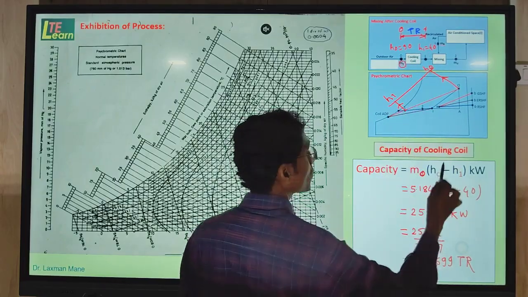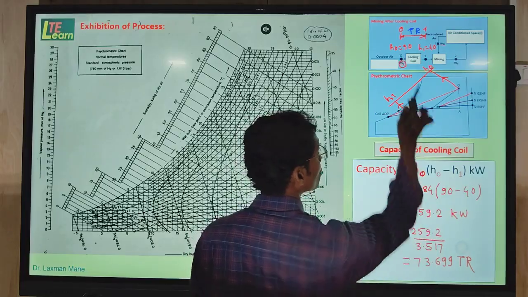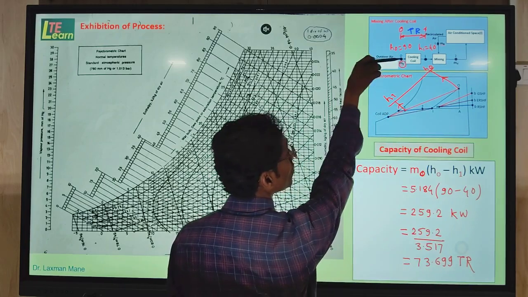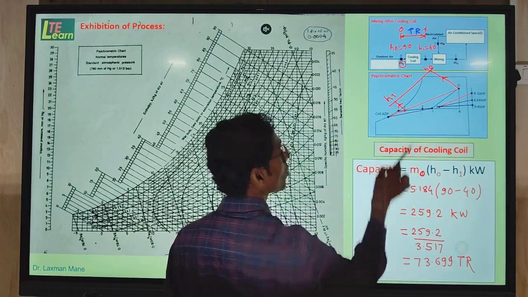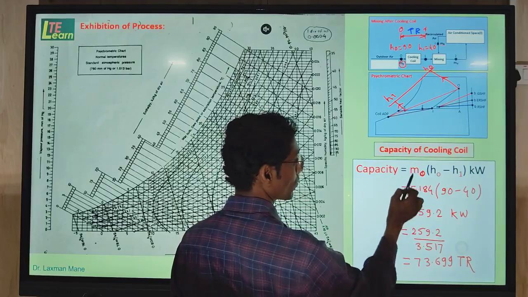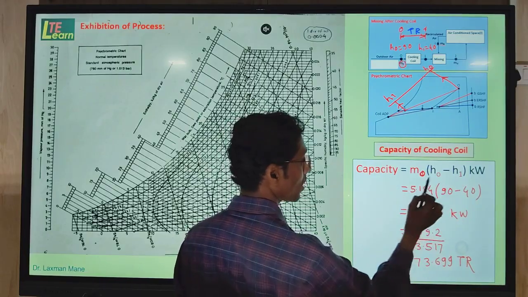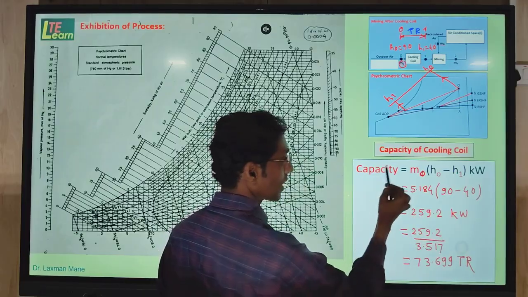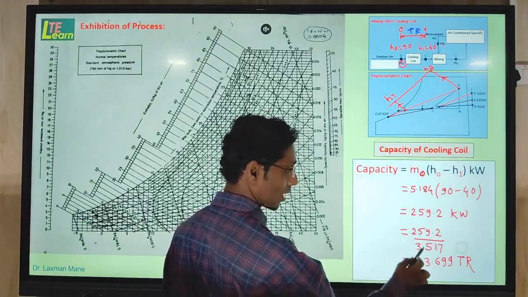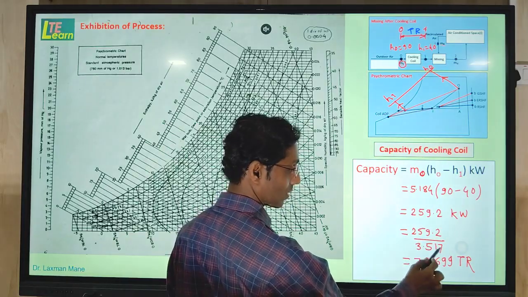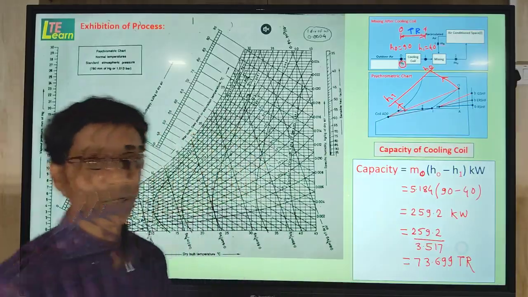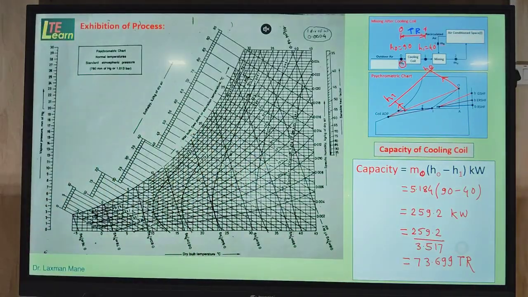These two enthalpies we put here: the enthalpy difference across the cooling coil multiplied by the amount of air passing over the cooling coil, the outside air m dot O, which was calculated in the last slide. So by putting in all the values we find the capacity of the cooling coil in kilowatts. Further, divide this value by 3.517. We find the capacity of the cooling coil in TR, meaning ton of refrigeration.